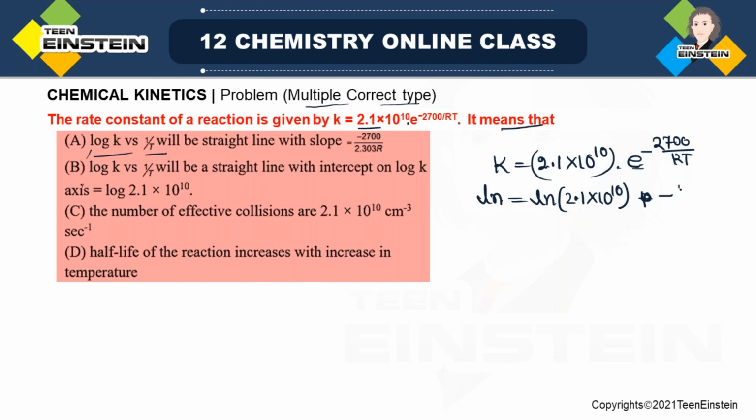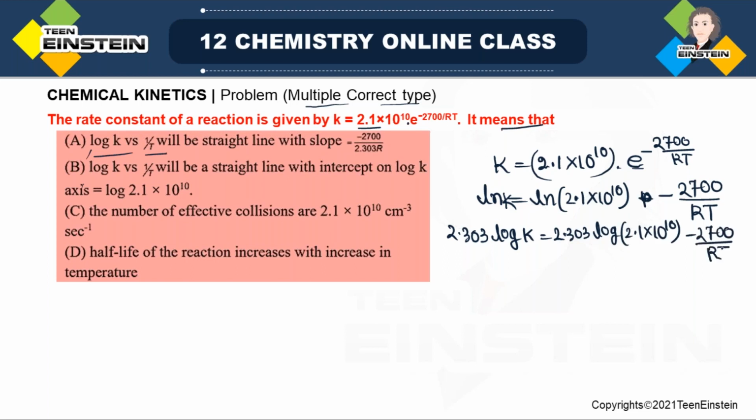So ultimately it will be minus 2700 by RT. Now, if you convert ln to log, it will be 2.303 log k equals 2.303 log 2.1 times 10 to the power 10 minus 2700 by RT. Next what we'll do is divide both sides by 2.303. So as a result, what will happen?